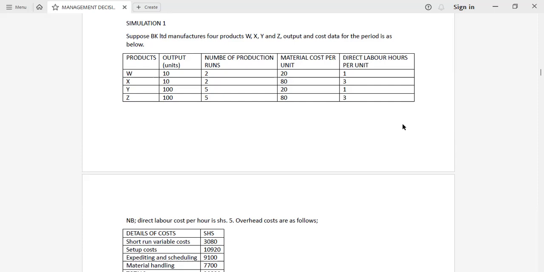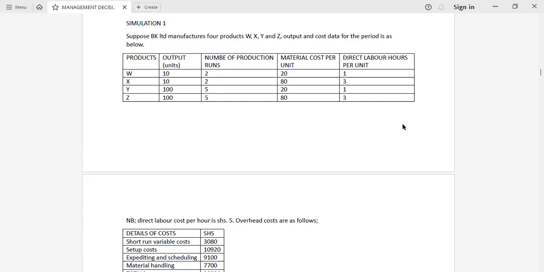So for those who want to see more of the computations, maybe to improve their understanding of the traditional approach, you can check our cost and management accounting playlist where we did more numbers on that. But basically for MDC, we are going to put more emphasis on the ABC system.